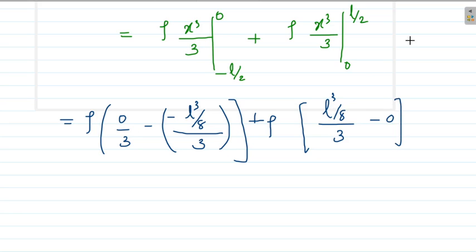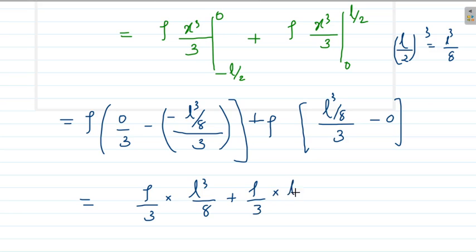L cube by 8 is L by 2 whole cube. So this is equal to rho by 3 into L cube by 8 plus again rho by 3 into L cube by 8, which is 2 times rho by 3 into L cube by 8.